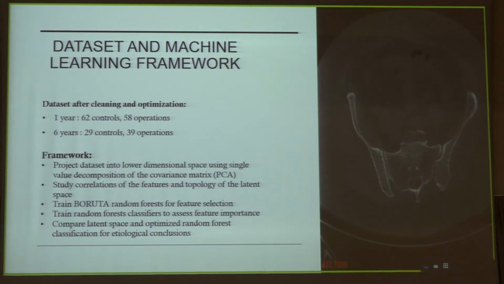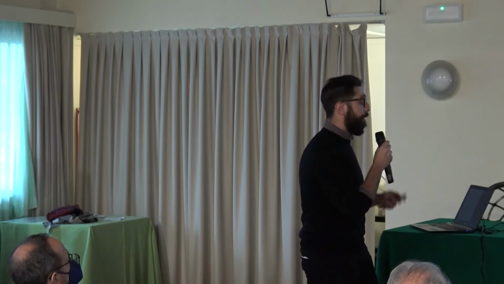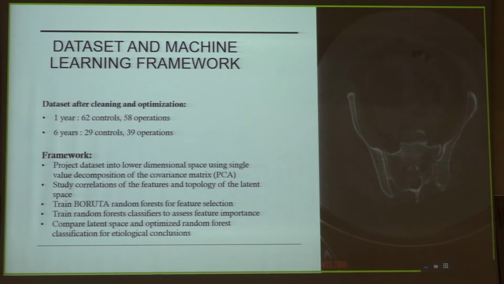The framework. Now, this is a dataset that is a very well-posed problem for principal component analysis, which is basically a dimensionality reduction of our problem, because we have a very good ratio between features and samples. We have 8 features for quite a good number of patients.